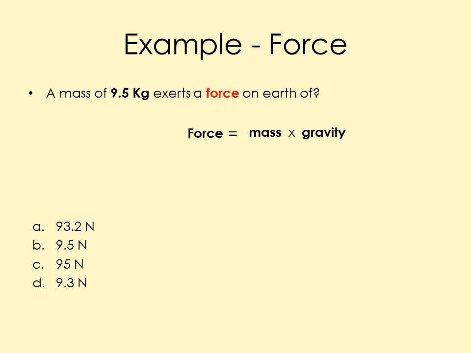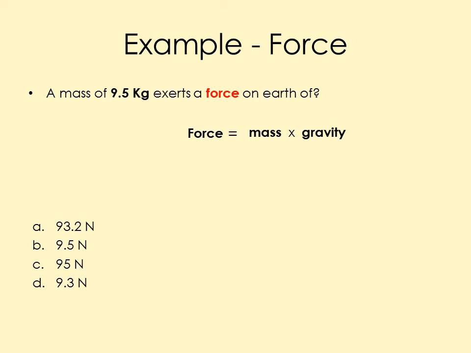Here's another example of using another force formula. In this instance, we want to find the force. However, the term that they use that allows us to use the formula shown is Earth. Therefore, the acceleration will be due to the gravity, constant gravity.